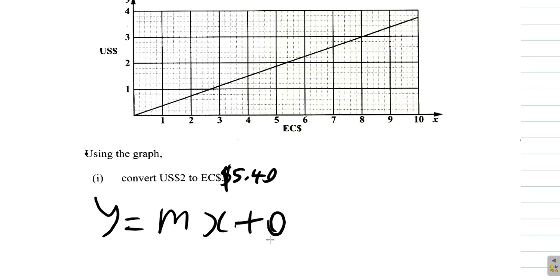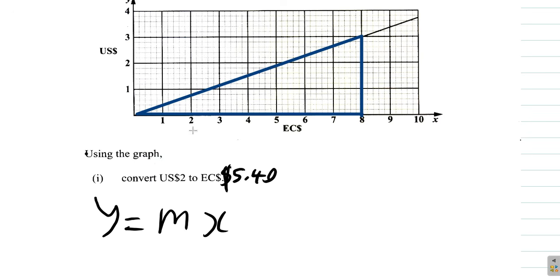Now, the plus 0 part you can leave off, so it's y equals mx. What is the gradient? If you look at this part of the line, we can form a triangle here. The gradient we can consider as rise over run.